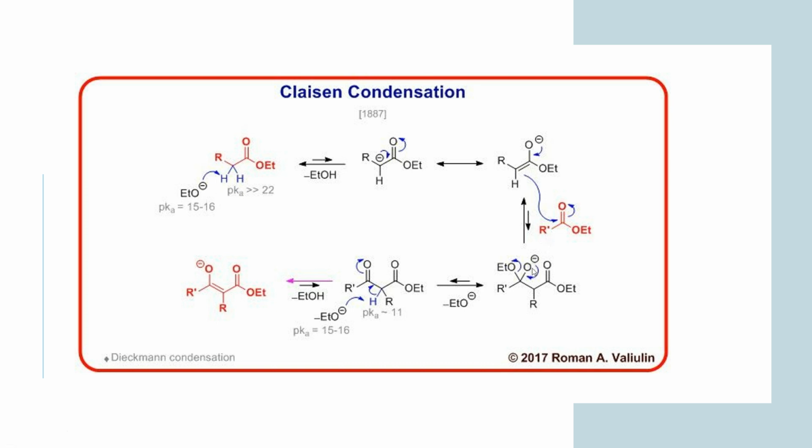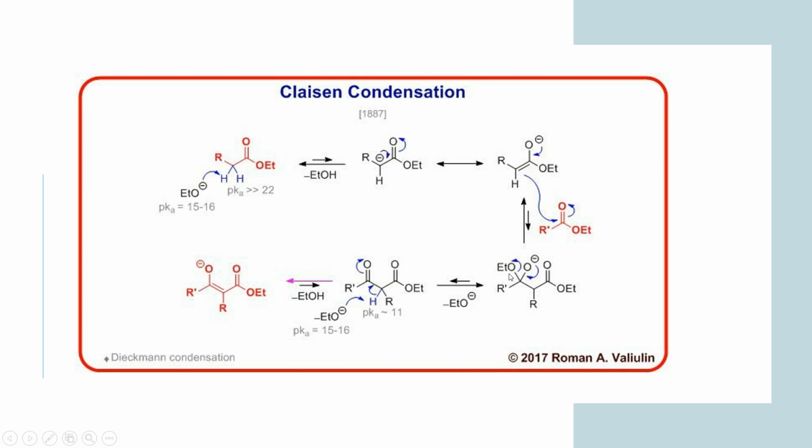Now, since the reaction conditions are basic, you cannot simply protonate this oxyanion, so it has to get neutralized. How will it get neutralized? It will push its electron pair back to regenerate the carbon-oxygen double bond, and it knocks out the ethoxide, or whatever leaving group is present.